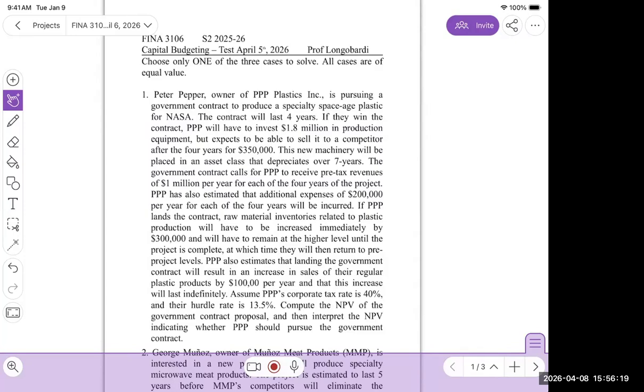Let's use the technique of highlighting as I read. So Peter Pepper, owner of PPP Plastics Incorporated, is pursuing a government contract to produce a specialty space-age plastic for NASA. The contract will last 4 years. So let's highlight that information.